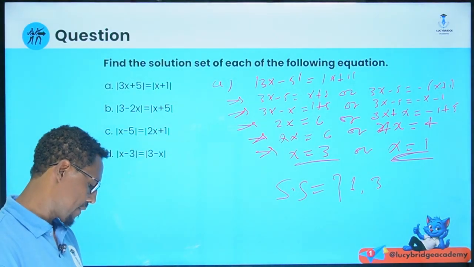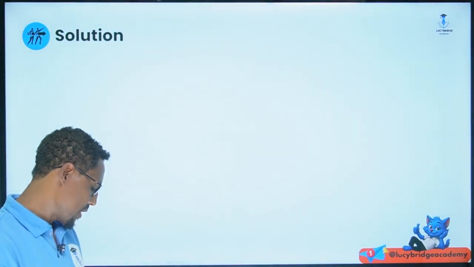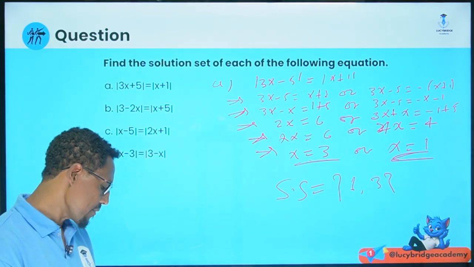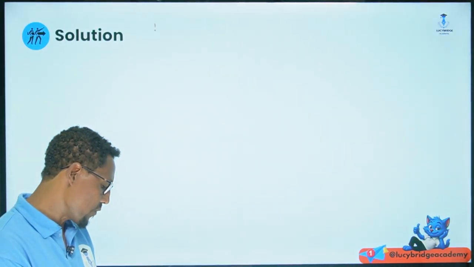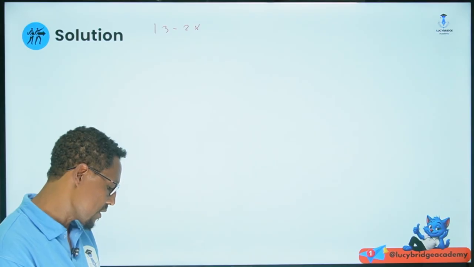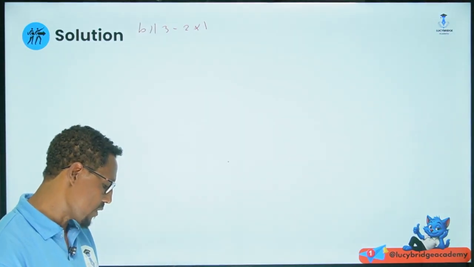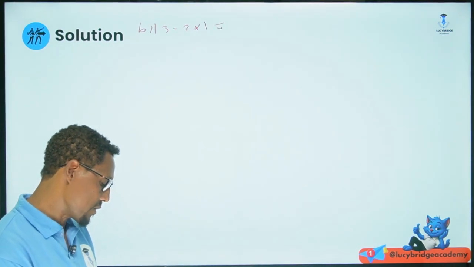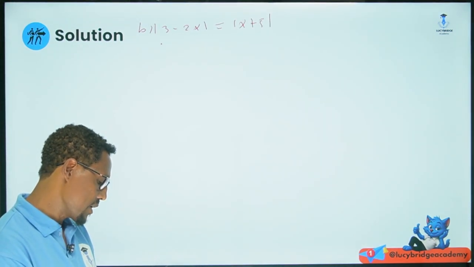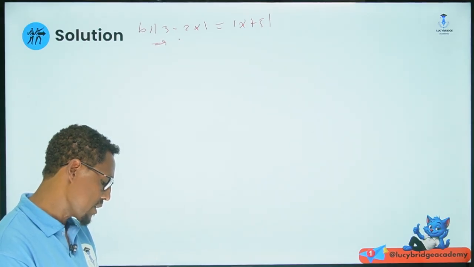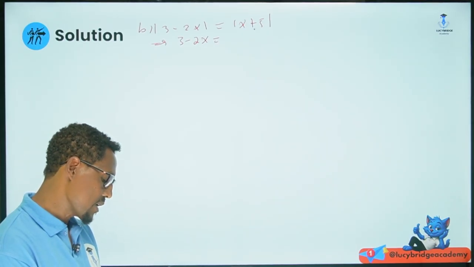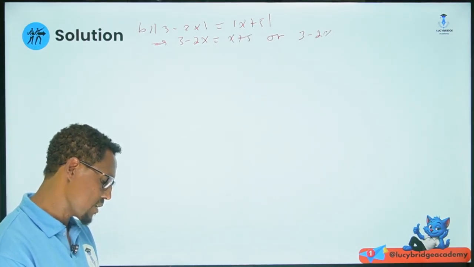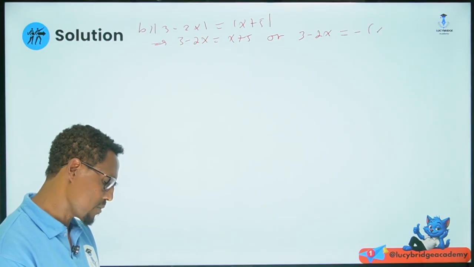For B, the absolute value of 3 minus 2x is equal to the absolute value of x plus 5. Again, this means 3 minus 2x is equal to x plus 5, or 3 minus 2x is equal to the negative of x plus 5.